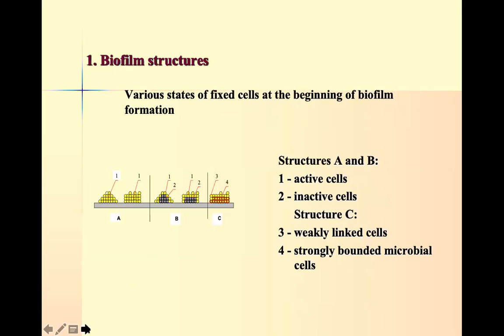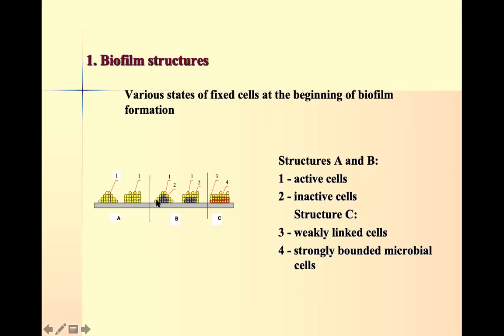Here, biofilm structures are formed in various states of fixed cells at the beginning of biofilm formation. At the beginning, you see some active cells, and this is the carrier. They aggregate and then work together. And here you see gradually they are active cells.